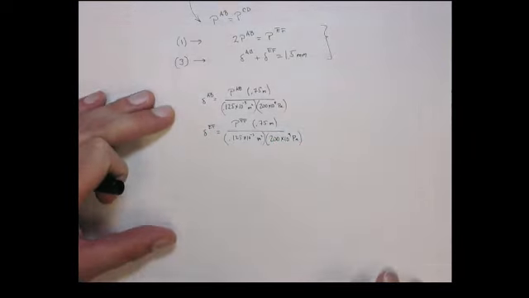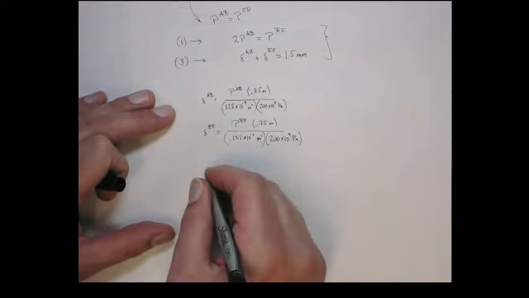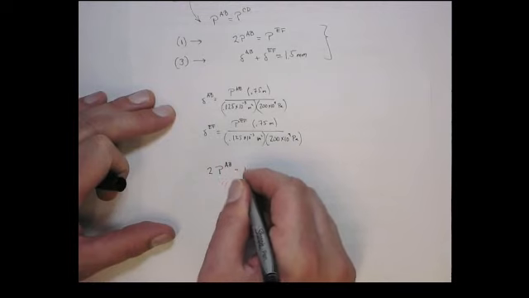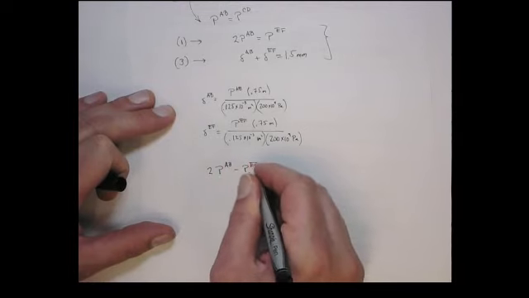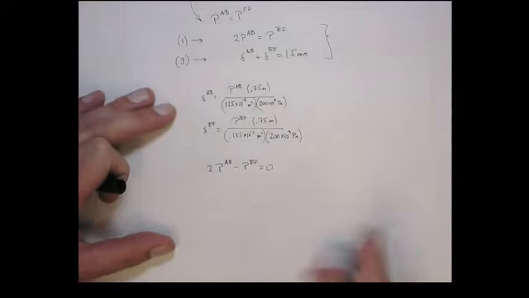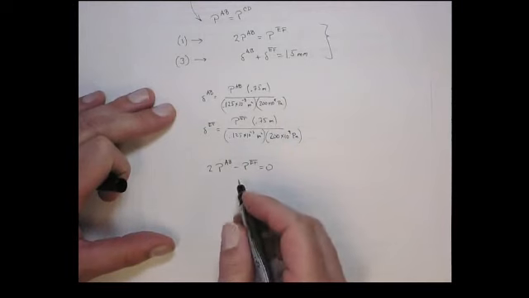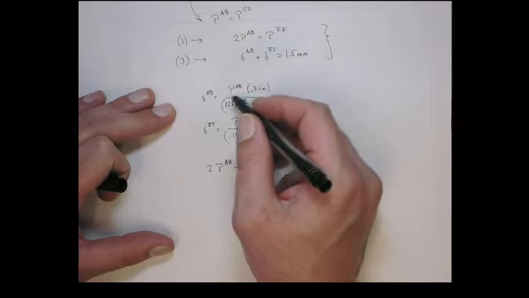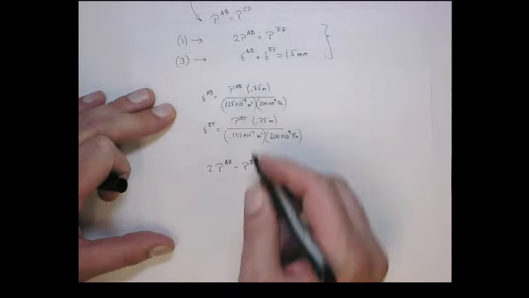Okay? So now I have 2PAB minus PEF equals 0, and then from this you can actually see that both these guys get multiplied by the same term.